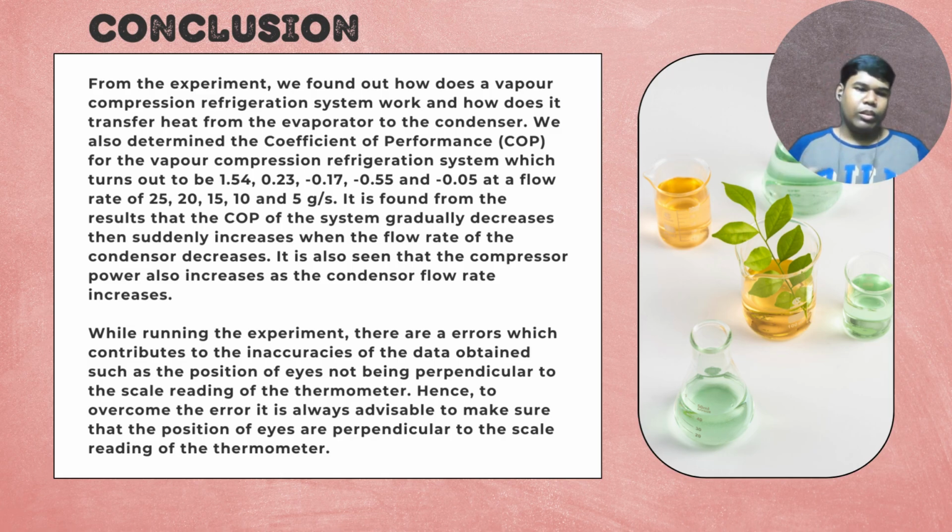It is found from the results that the COP of the system gradually decreases, then suddenly increases, when the flow rate of the condenser decreases. It is also seen that the compressor power increases as the condenser flow rate increases.